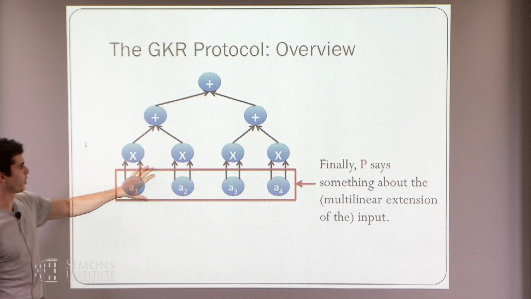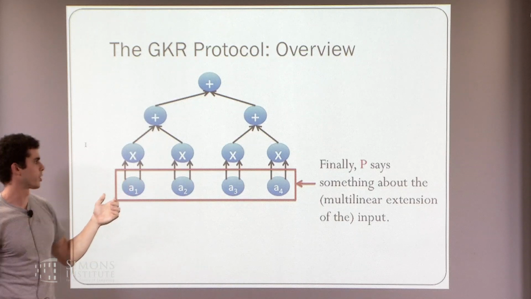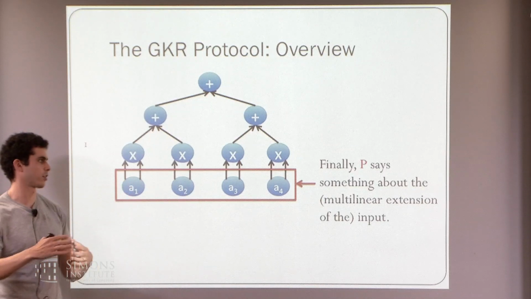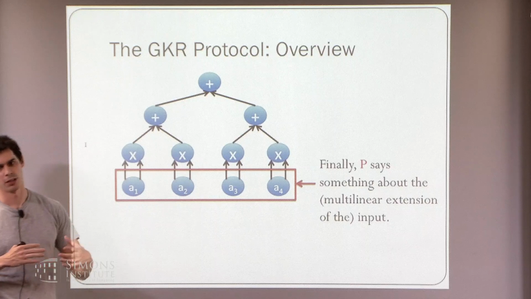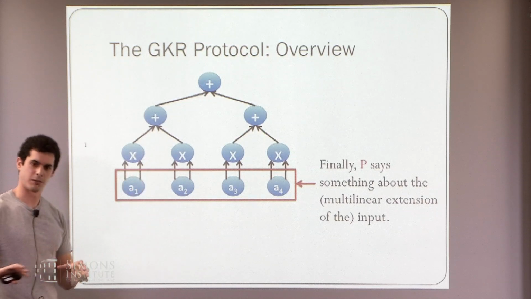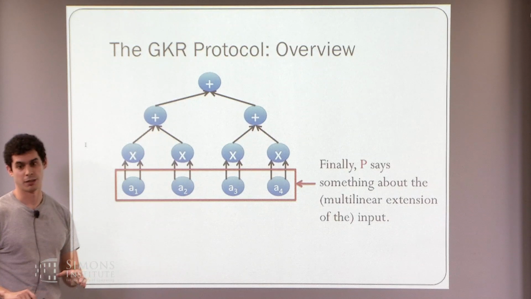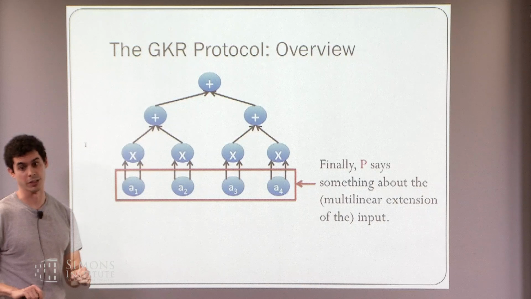And to avoid the verifier materializing the whole circuit, what you need is that these functions, which we call wiring predicates, that encode the wiring of the circuit, if you take the low-degree extension of those functions, the verifier can evaluate that low-degree extension efficiently.